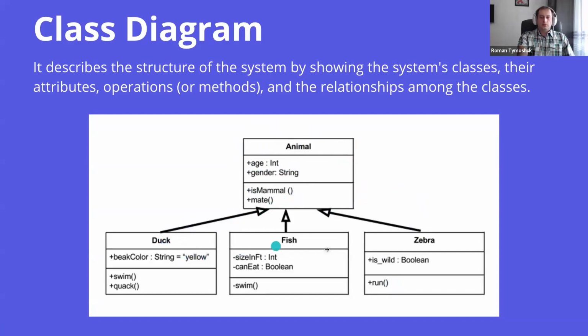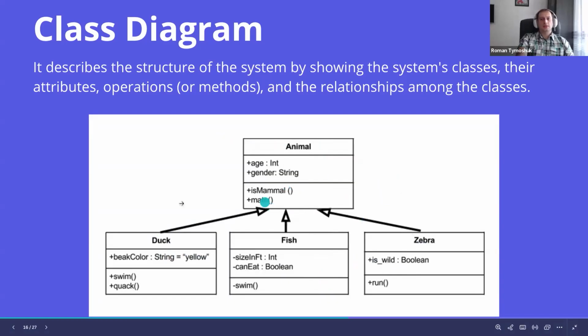All of these child classes have a relationship to animal. Duck is an animal, fish is an animal, and zebra is an animal. And this relationship shows the connection between parent and child class. It says that duck is an animal, so it's an is-a relationship. Duck can have some kind of beak color, string yellow, like a constant.